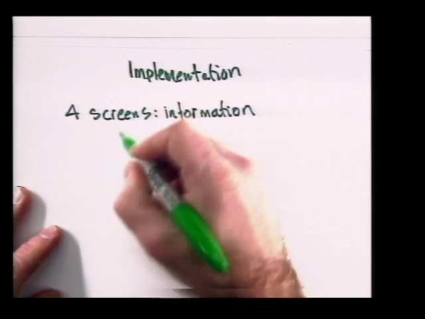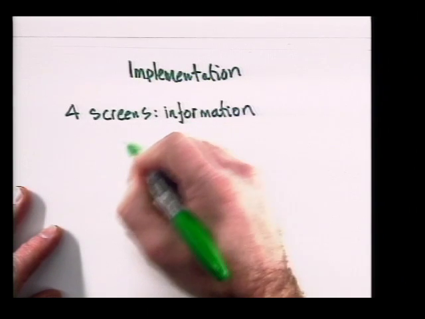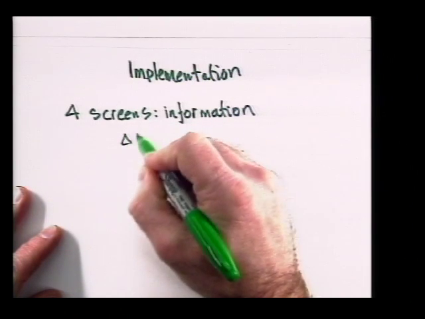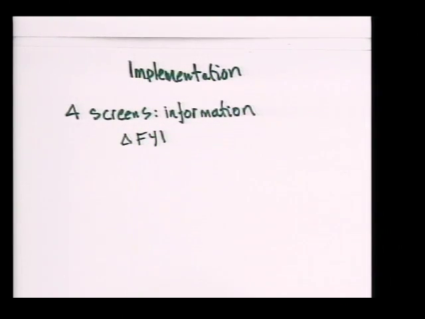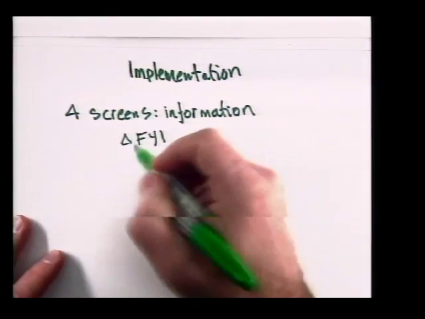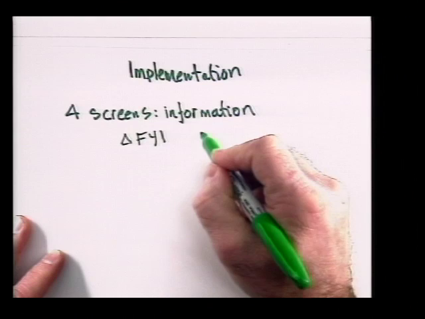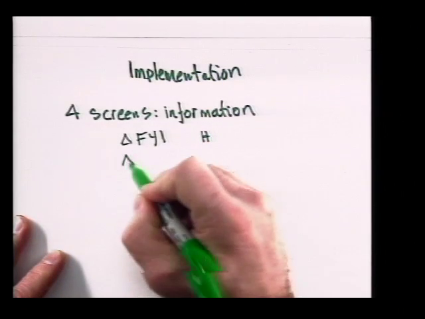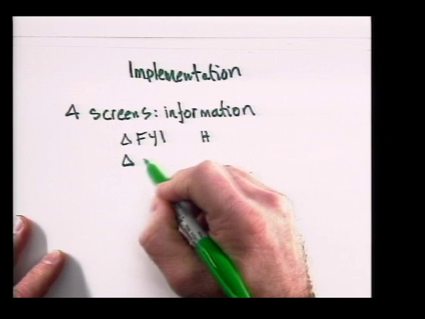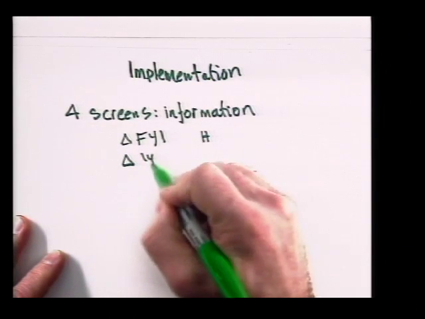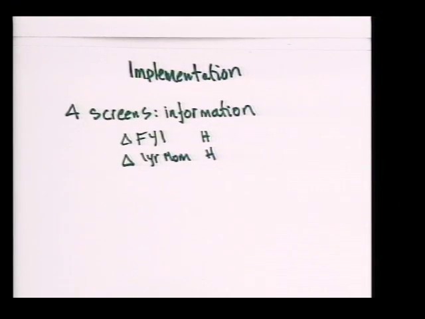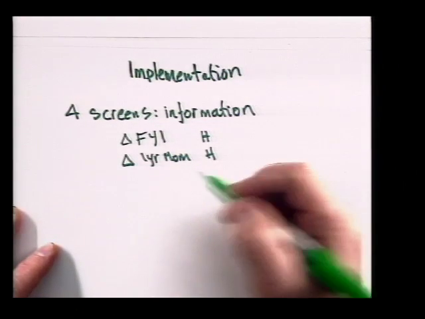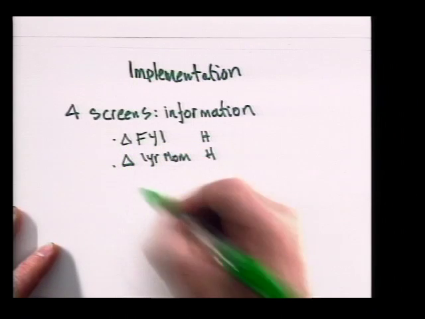Suppose the screens are, first, the change in FY1. That's an IBES screen. And the high portfolio does really well here. And then we also have a simple 1-year momentum. High portfolio does really well there. And let's say we also have price to book.